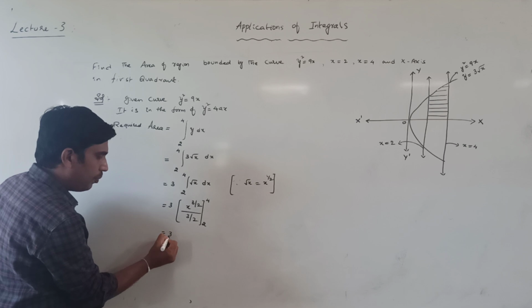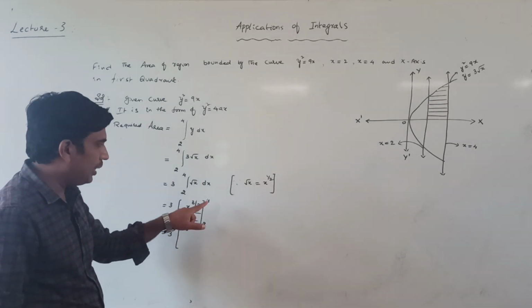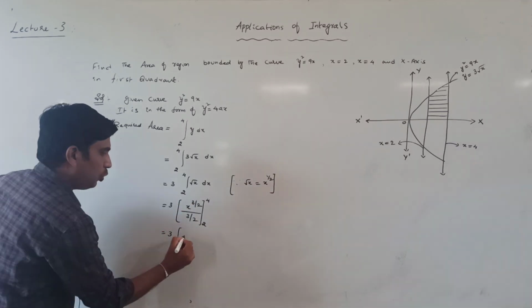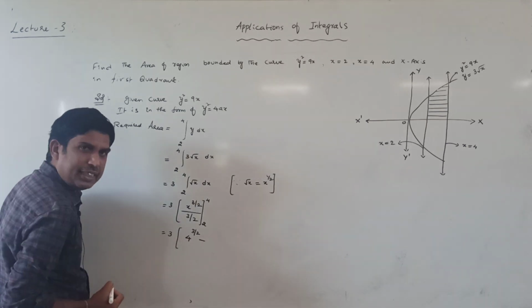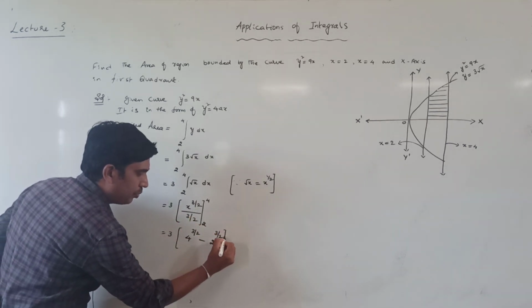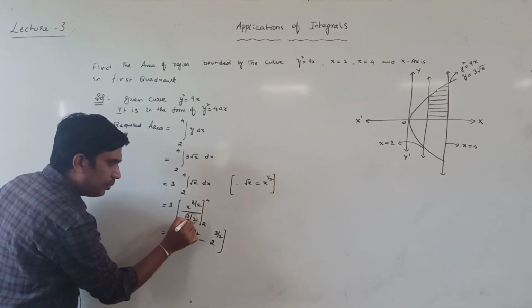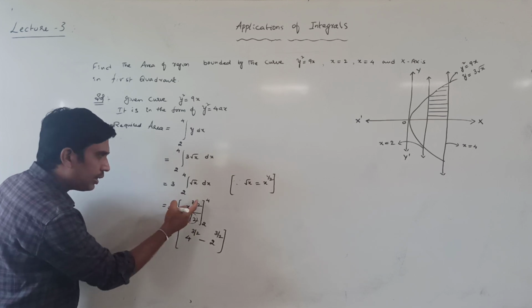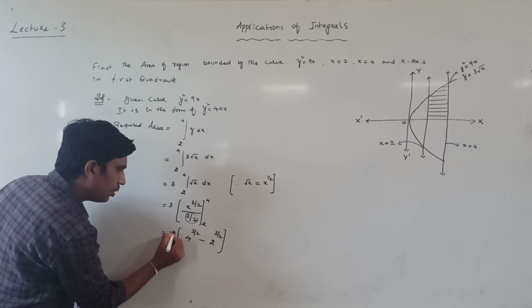Now apply the limits: first substitute the upper limit, 4 power 3 by 2, minus substitute the lower limit, 2 power 3 by 2. This 3 by 2 is a constant, right? This one goes outside that bracket and becomes 2 by 3.